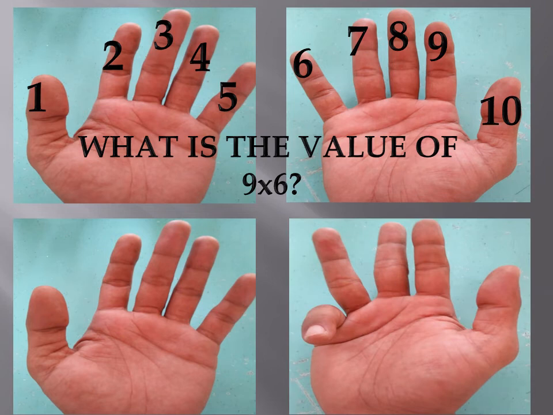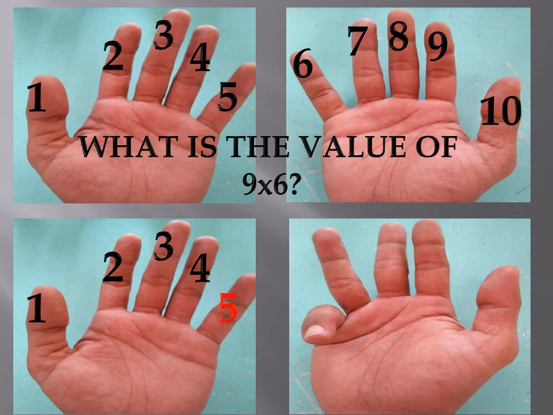And then let us count now the number of fingers before the closed finger. We have 1, 2, 3, 4, and 5. There are 5 fingers before the closed 6th finger.